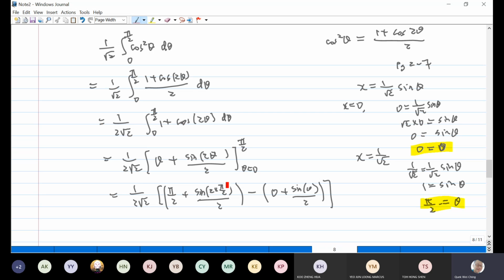Sine pi is 0 here. Sine 0 is 0. Sine 0 is also 0. Everything is 0 except the first term. So it ends up as 1/4 square root 2 times pi. Okay, that's the answer for this question. Okay, I think by that I will stop. Answer already.